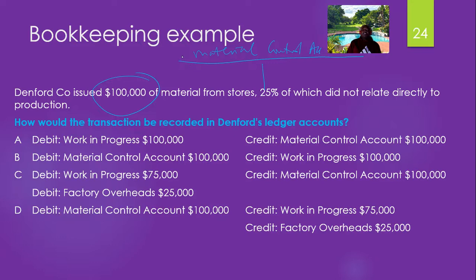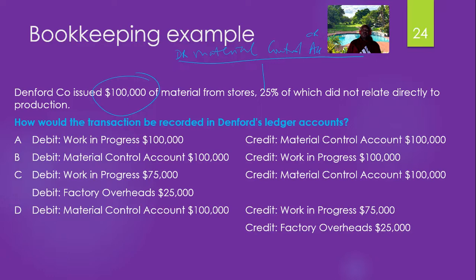We know that the left side is the debit, then the right side is the credit, of this material control account. So obviously the account should be balanced. The credit side should also record that something left the account.